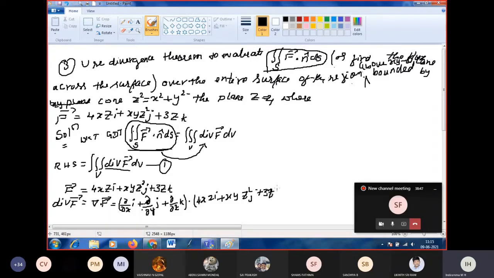Now we have to do the dot product. What is i dot i? 1.